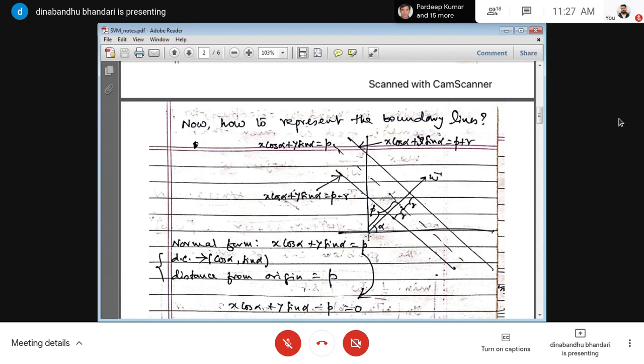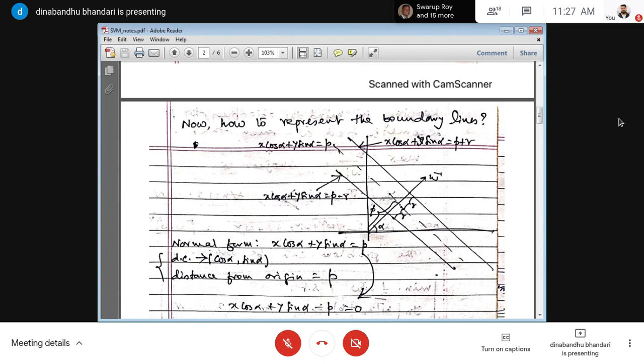Now, what are cos alpha, cos beta, cos gamma in 3 dimensions? That we refer to as direction cosines, right? Now, in general, we have seen that you can multiply x cos alpha plus y sin alpha equal to p by any constant, right?